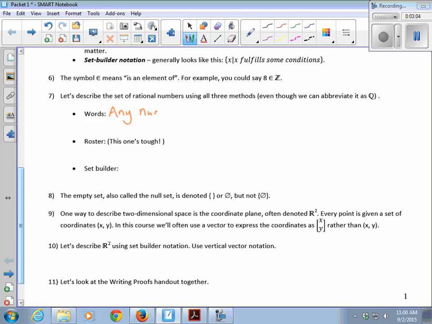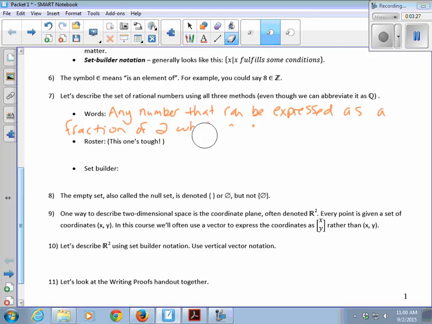Any number that can be expressed as a fraction of two whole numbers. Actually, I should use the word integers because rational numbers can be negative. Two integers.